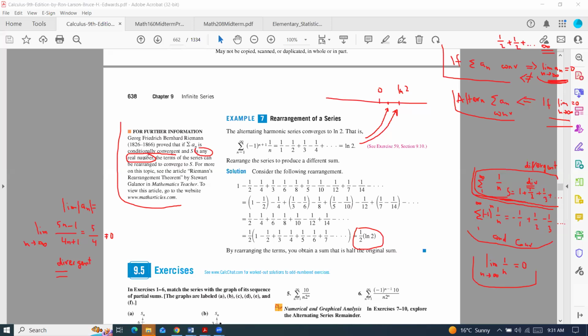It makes no sense. Well, in absolute values, it's not convergent, it's divergent. But conditional convergence is something very artificial. So even though we have the word convergence, it is not what we think it is. It's conditional convergence. It can be algebraically made to converge to any real number whatsoever.